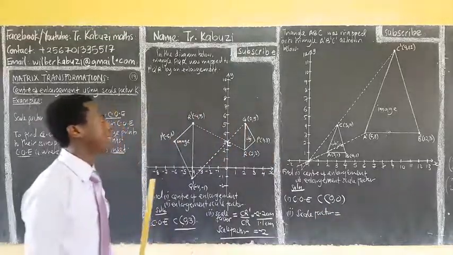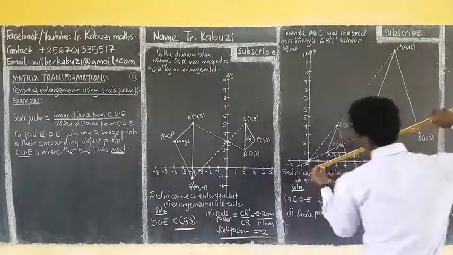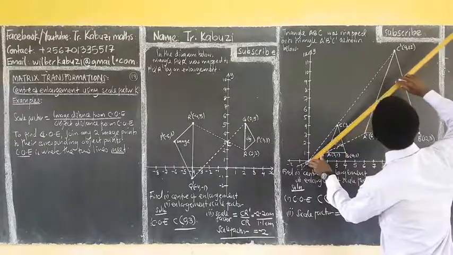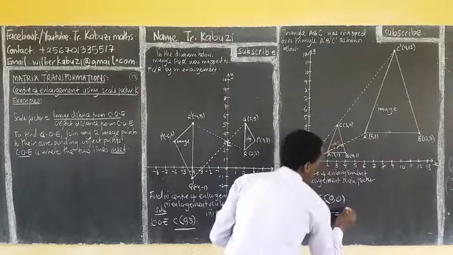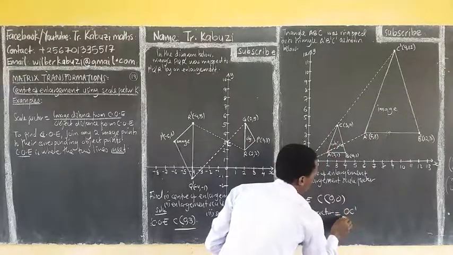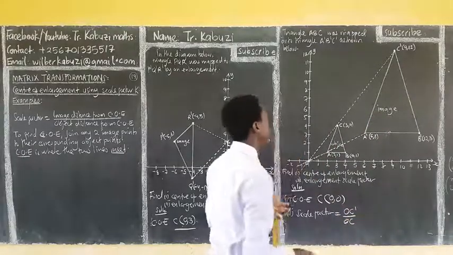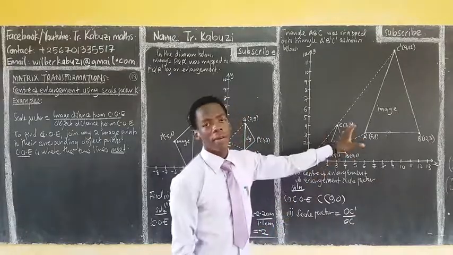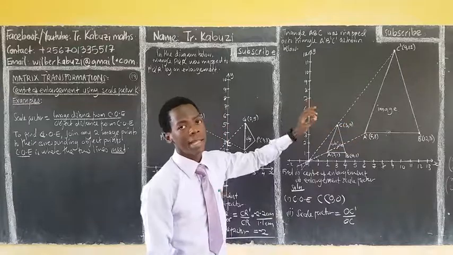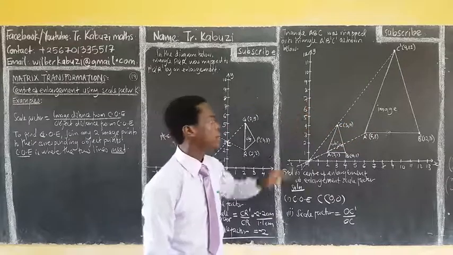So my image distance, I measure from here up to where C prime is. So I'll get OC prime over OC. But now the object and the image are on one side of the center of enlargement, so we expect the scale factor to be positive.